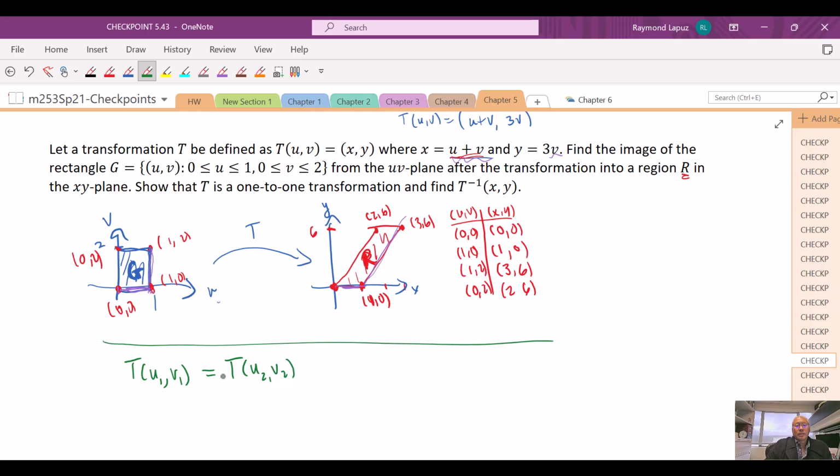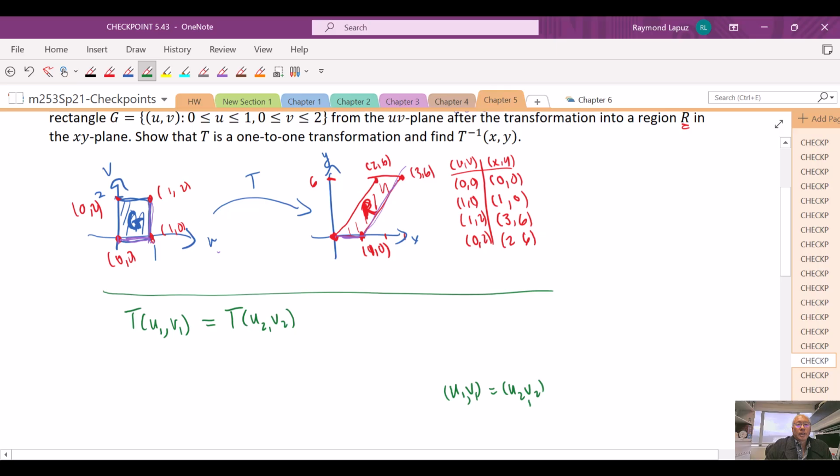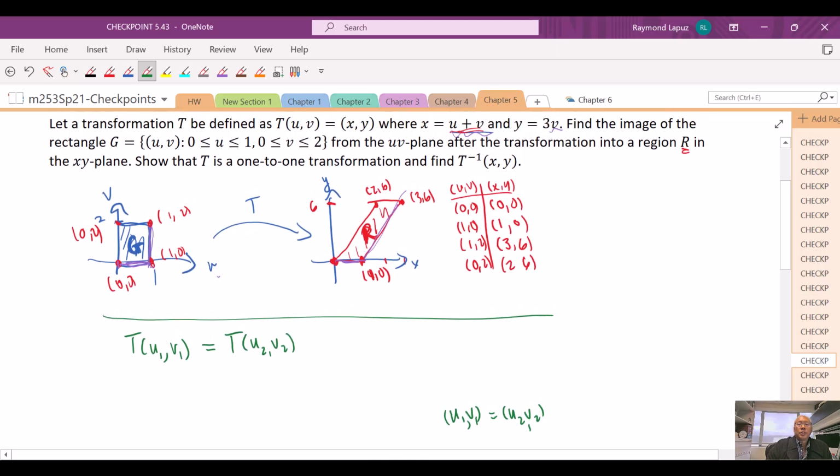Okay, so that's the general idea. So our conclusion should be u1, v1 equals u2, v2. So that's what we want our conclusion to be. So how's this going to work? Well, for each of these things, we have the output transformation.